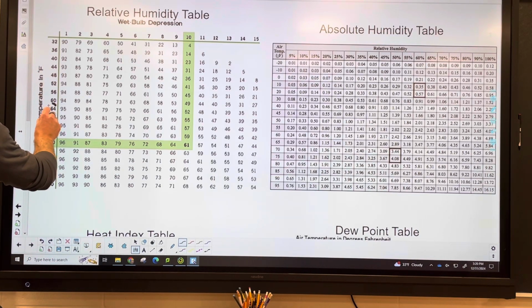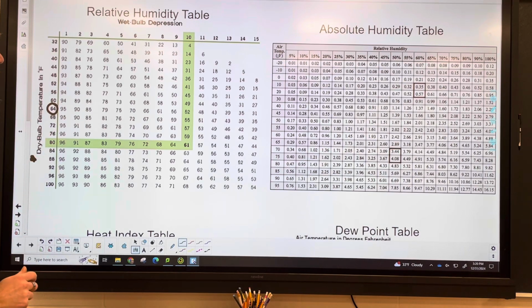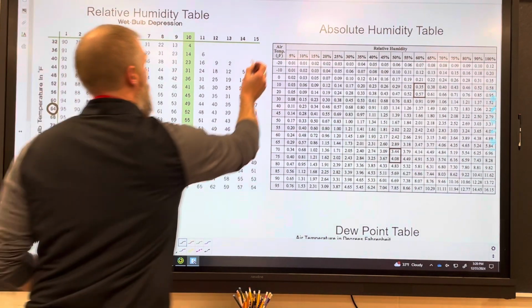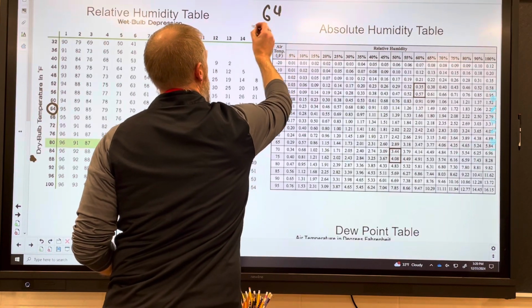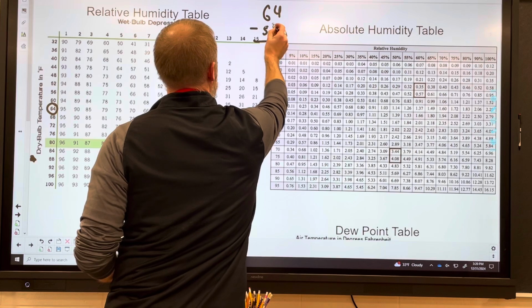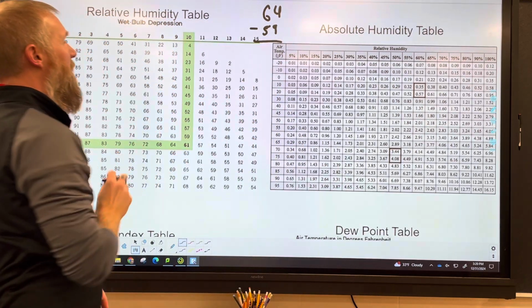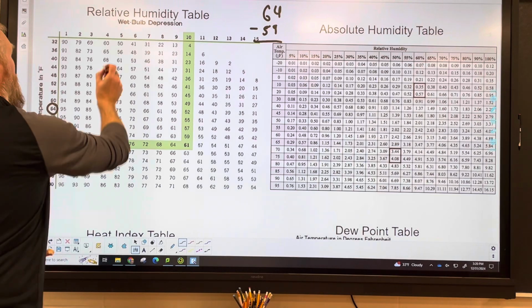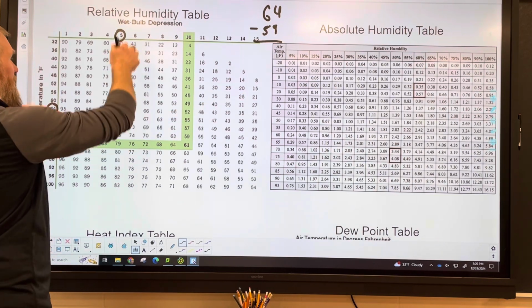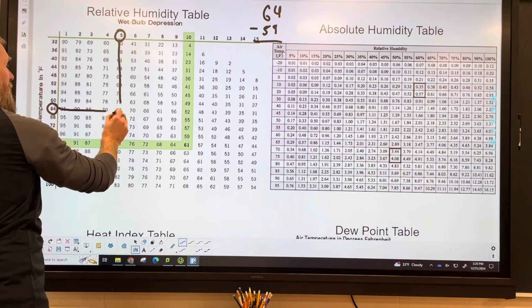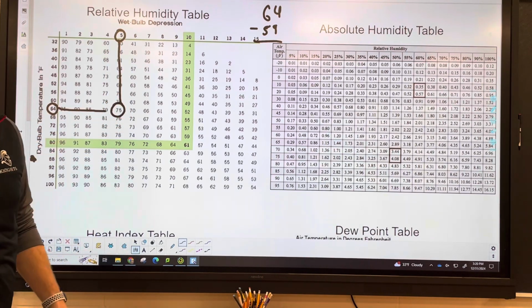64 was our dry bulb, and our wet bulb was 59, right? So 64 minus 59, that's the change in energy on the evaporation. That's going to give us a value of 5. So here is our value. Index cards, draw on your sheet as much as you need to, and that gives us 75%.